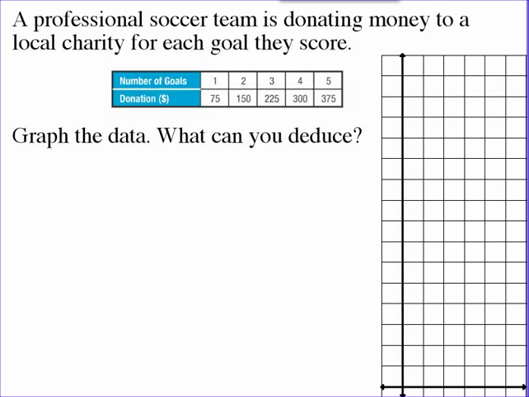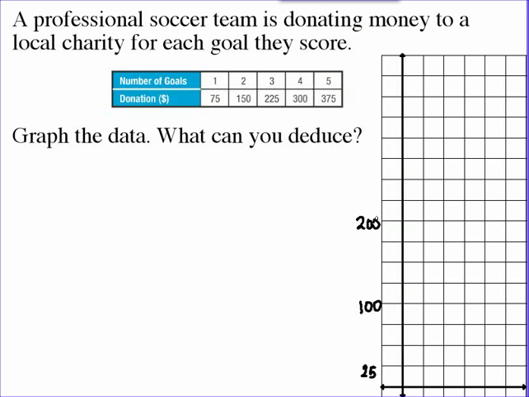It says a professional soccer team is donating money to a local charity for each goal they score. So the first thing is to graph the data. And so this time I'm going to go by 25s, and the reason why is I noticed that those are all multiples of 25.